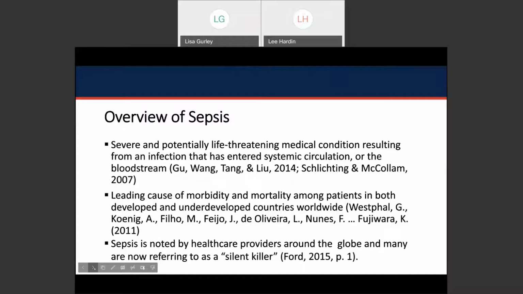Bloodstream infections, or sepsis, remain a leading cause of hospitalization, morbidity, and mortality in both developed and underdeveloped countries worldwide. Even though sepsis is believed to be preventable and treatable, the incidence of sepsis-related disability and death has seen a steady increase over the past few years.